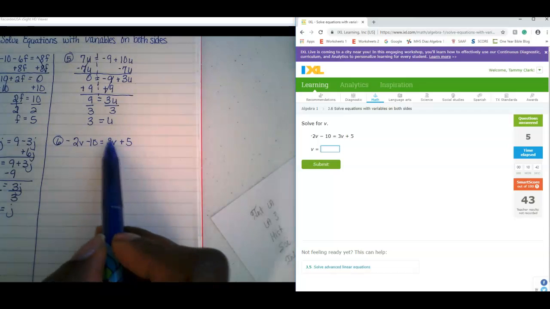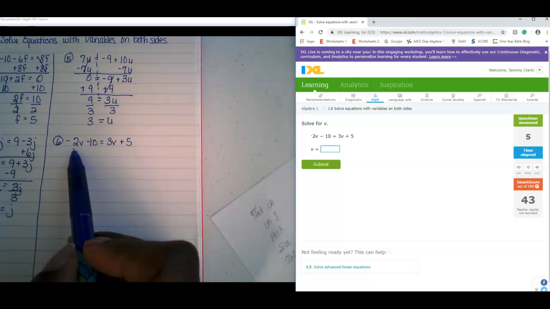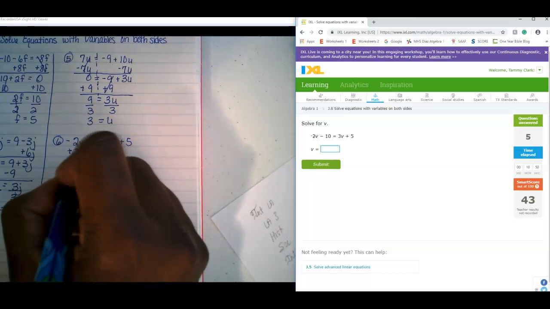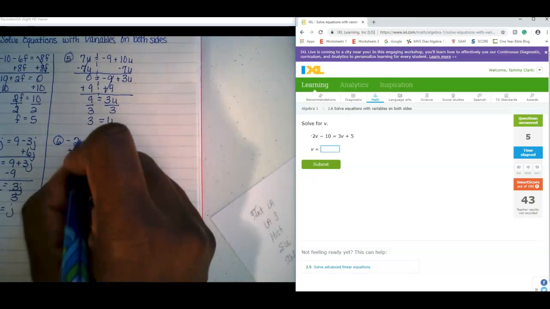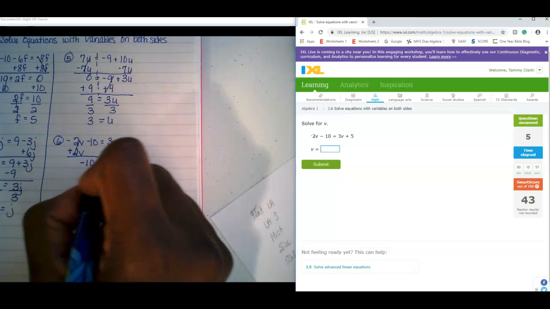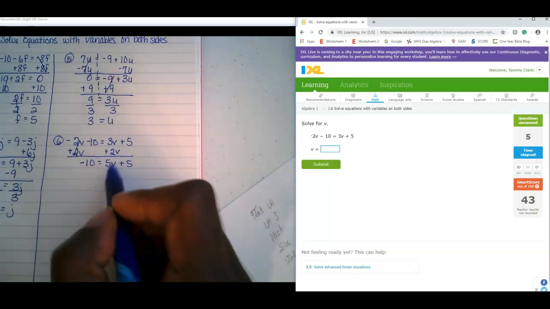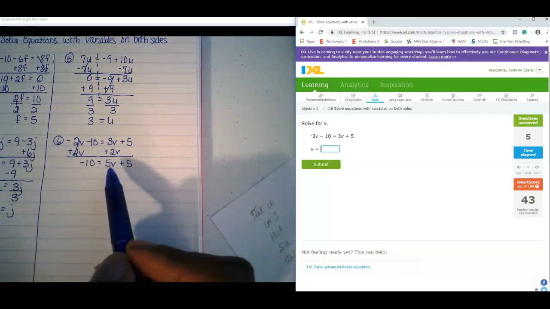Well, here 3v is positive and 2 is negative, and I want to keep my terms positive, so I'm going to add 2v to both sides of the equation, and that leaves me negative 10 is equal to 5v plus 5.